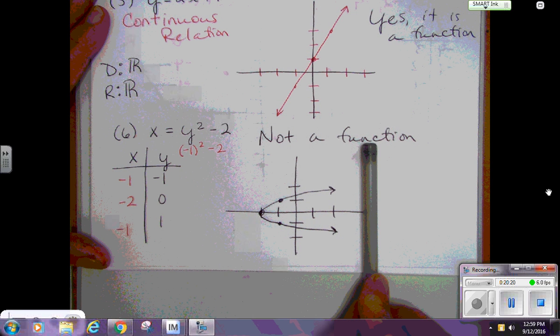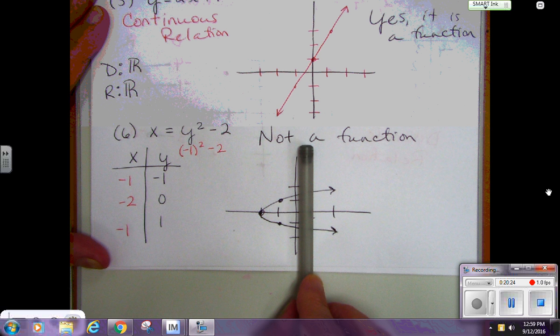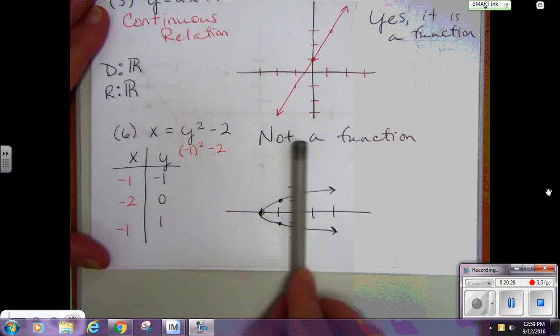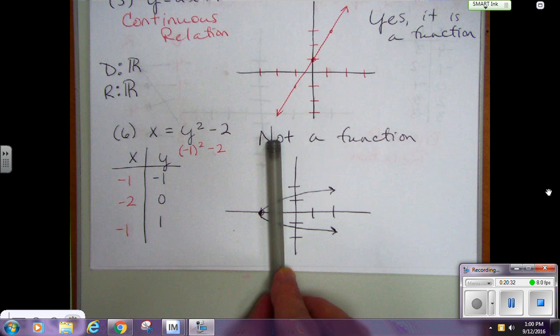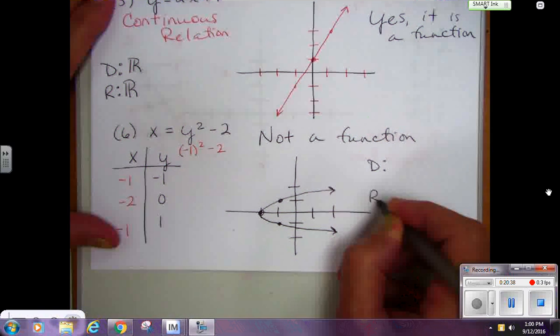The other thing, determine the domain and the range. So I'm looking left and right. Is there anything that my x won't be? Is there a restriction on x?